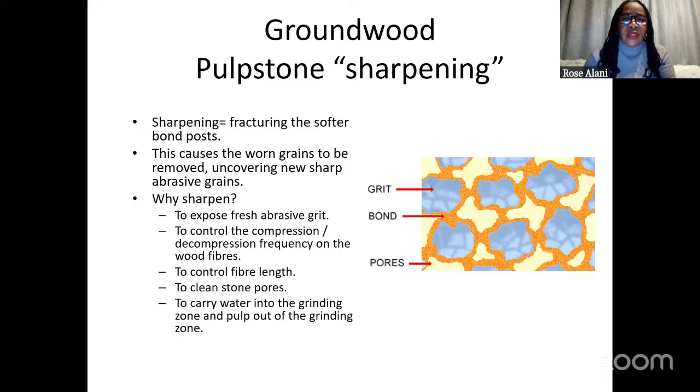So if it is sharp, it will easily help you carry the water inside to remove what you need to remove and bring out the pulp. So that is it.